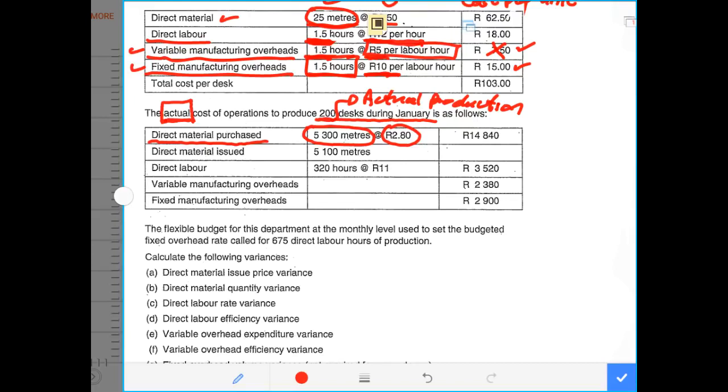And I want to emphasize that the 80 cents is per meter. Take note of that, although they don't specify, it is per meter. That's why if you say 2 Rand 80 cents times 5,300, this will give us the total material cost that was incurred to buy the 5,300 meters of material.